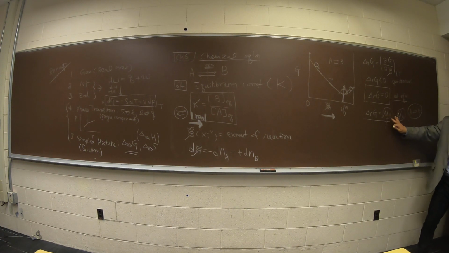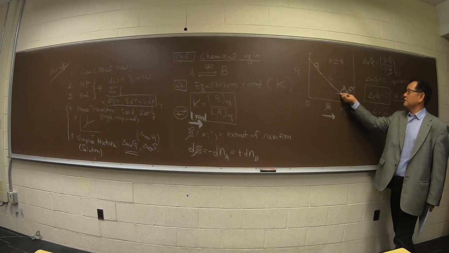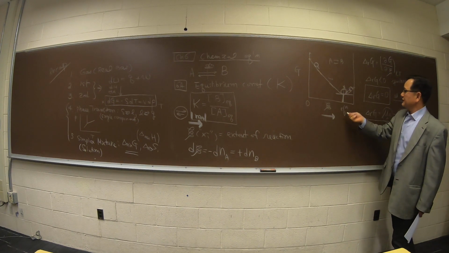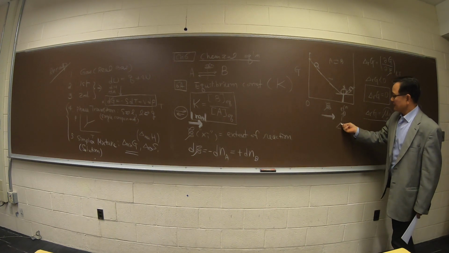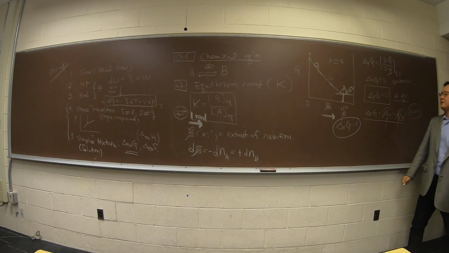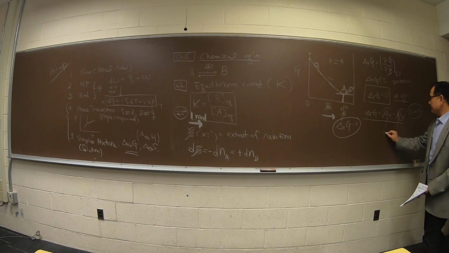So this whole thing depends on the composition or extent of reaction, and we are looking for the position where delta RG is 0. This is the position that we are trying to find out. Mu A and mu B depend on composition.